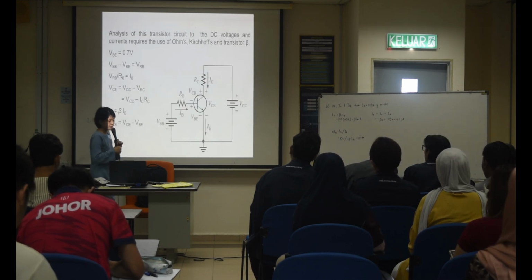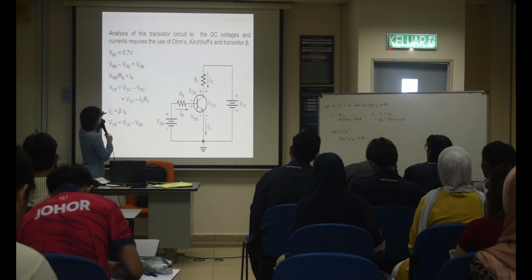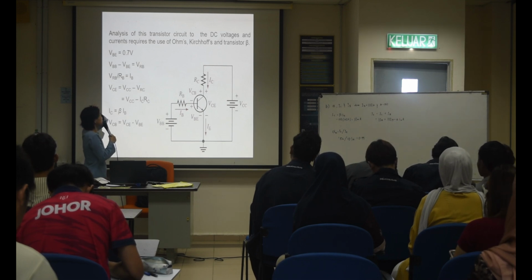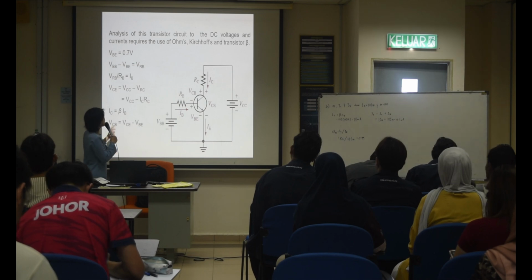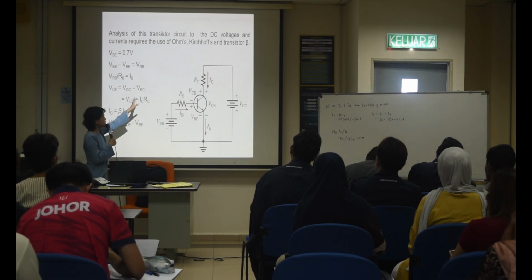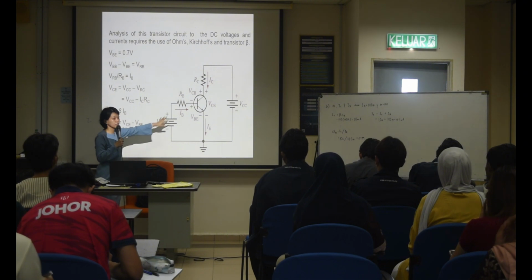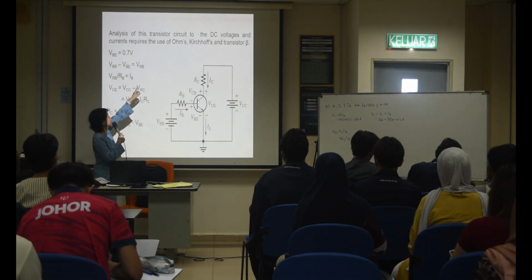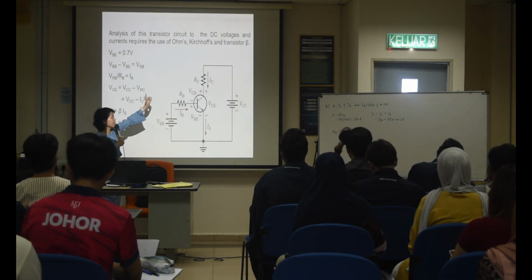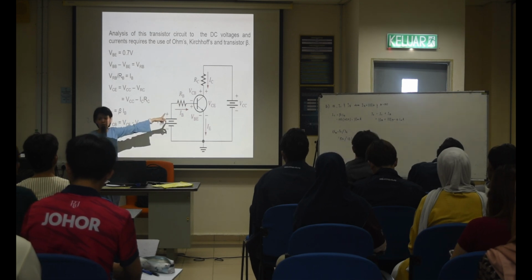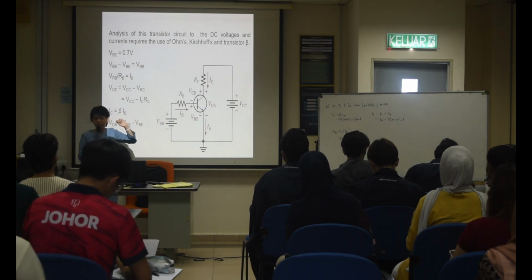Now we see the calculation formulas. To analyze this transistor circuit, we have to use DC voltage and current, because all is using battery. The most important thing is you must use Ohm's law and Kirchhoff's law. You learned electronic circuits, right?